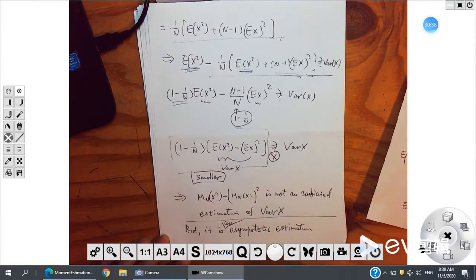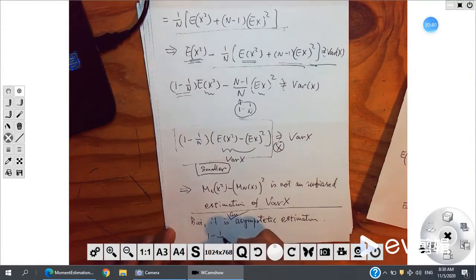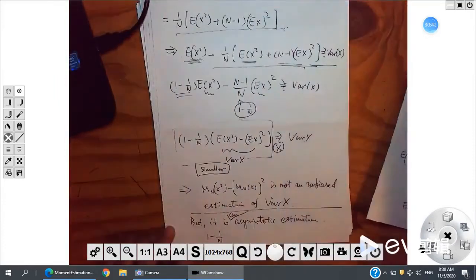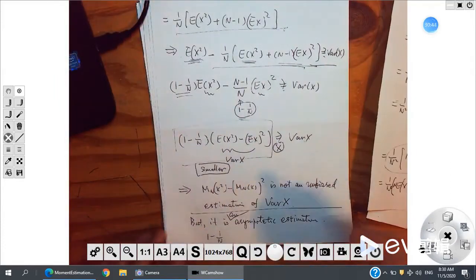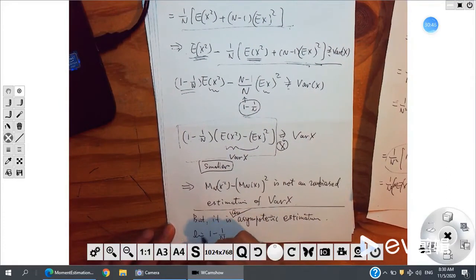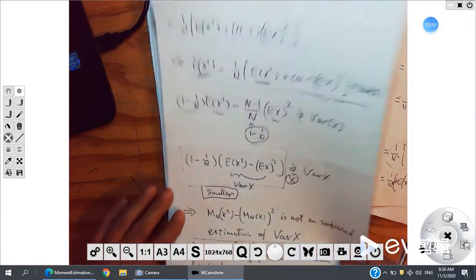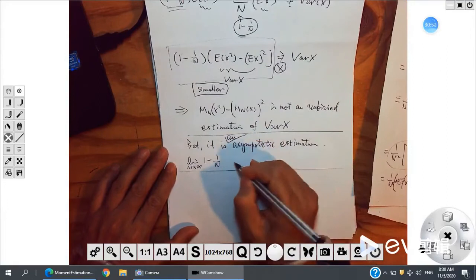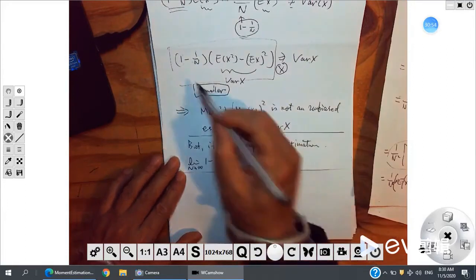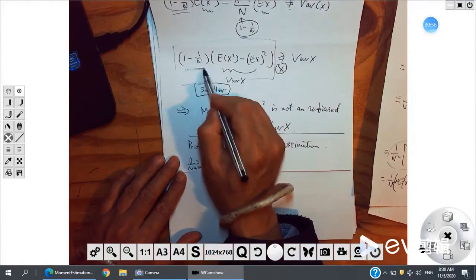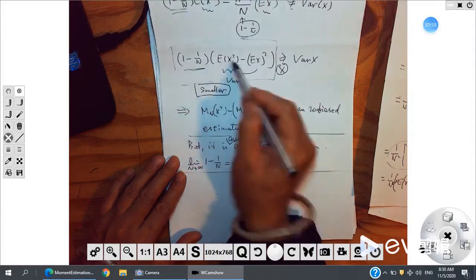Why? Because that 1 over n, the limit when n goes to infinity, this one is 1. Okay. You have a number here, because they are not the same, right?